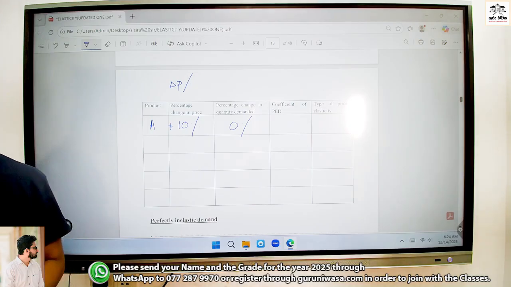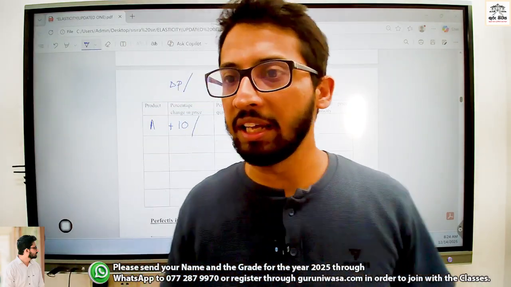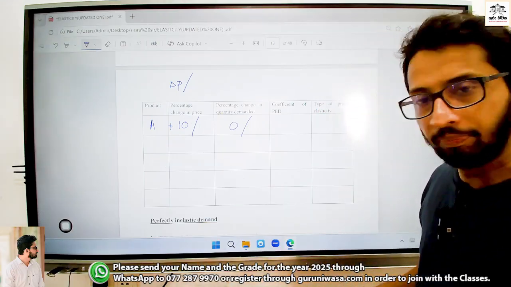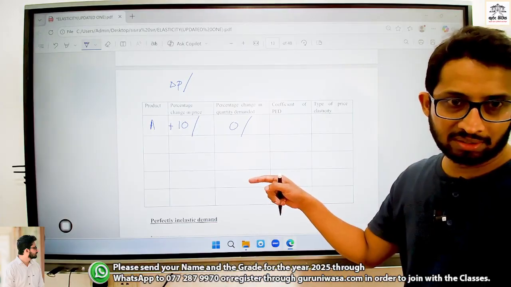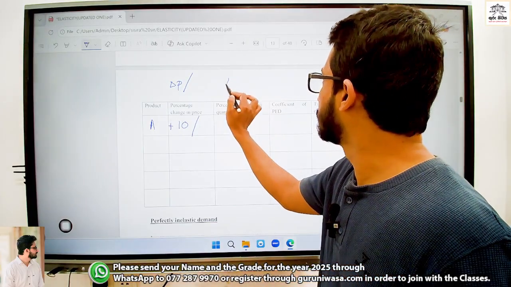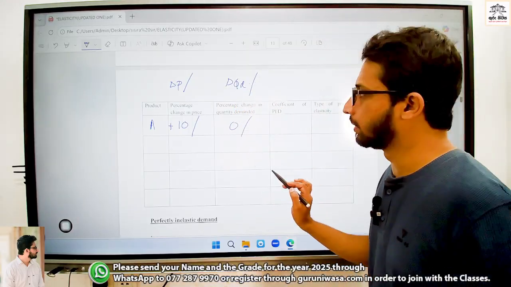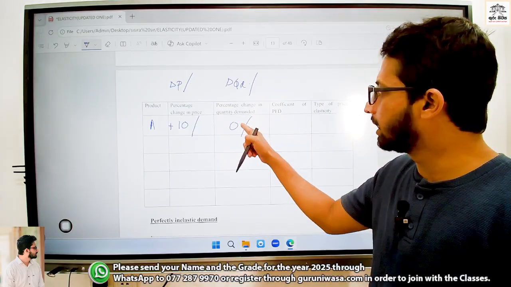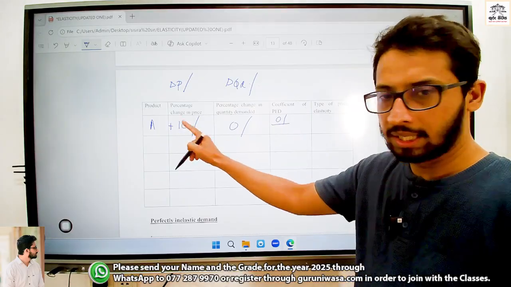Then the coefficient value. Can you calculate PED value for product A? Here, you have to use the percentage change equation. Percentage change in quantity demanded, 0%, divided by 10%.